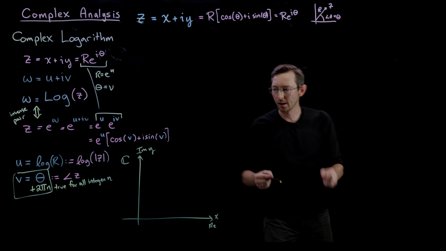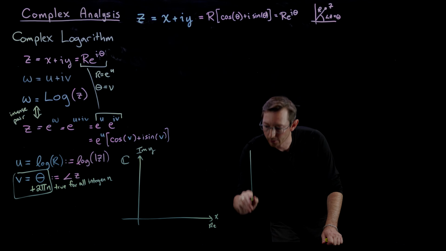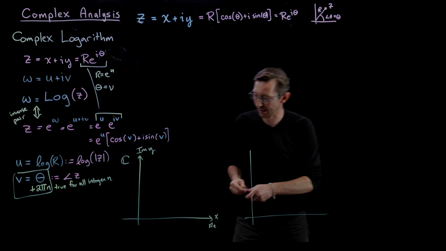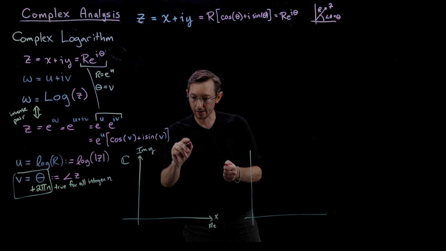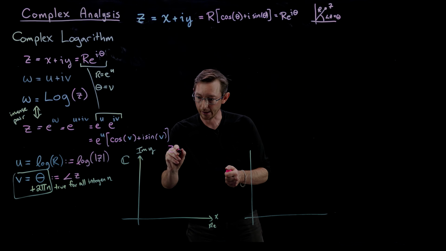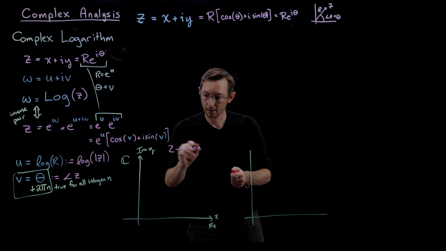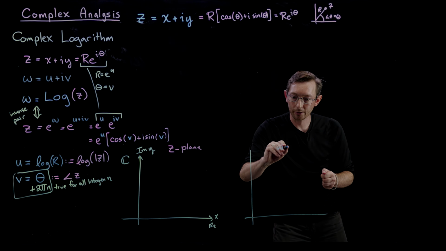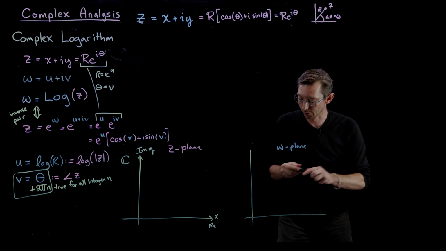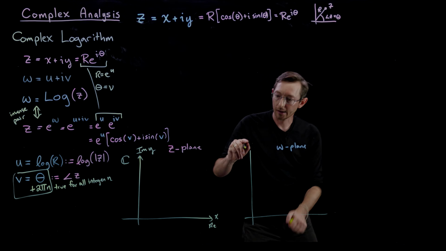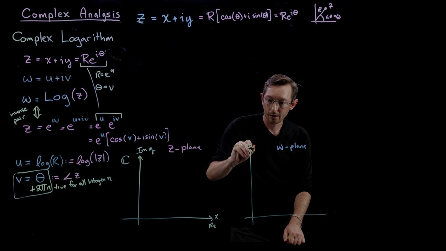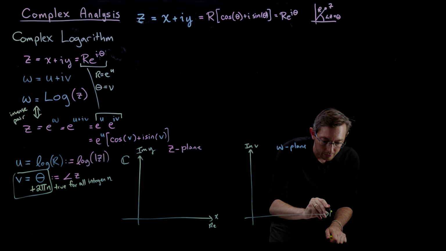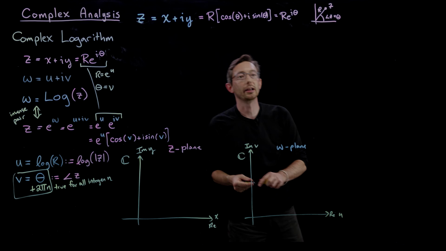And then once we take the logarithm, here we're going to be talking about the w plane, where similarly the imaginary part is v and the real part is u, and again this is a complex plane.